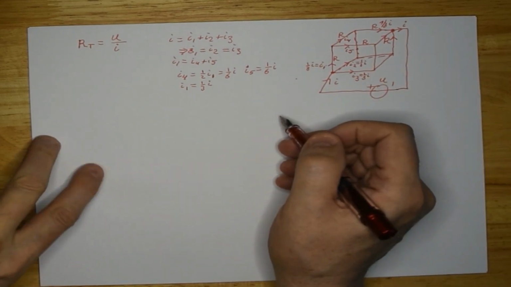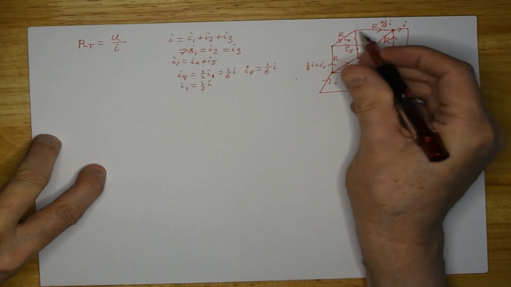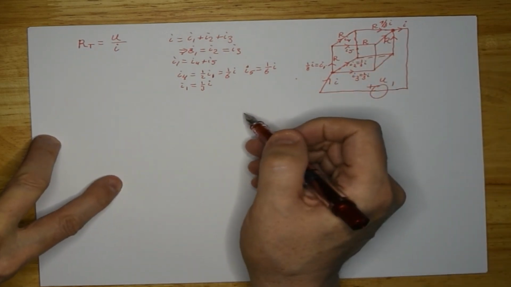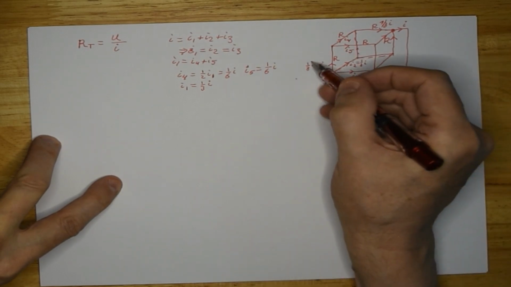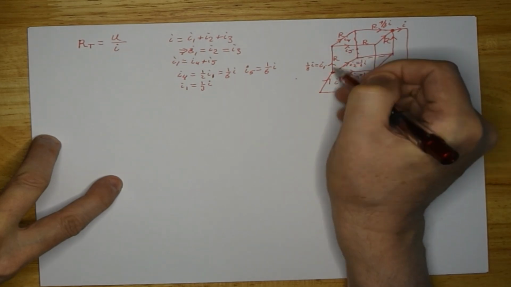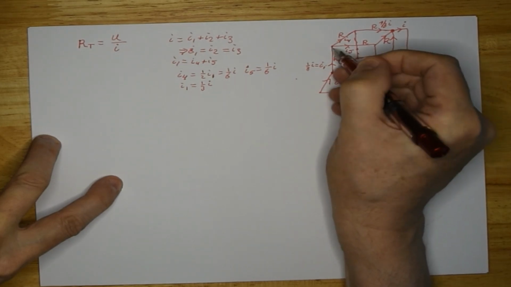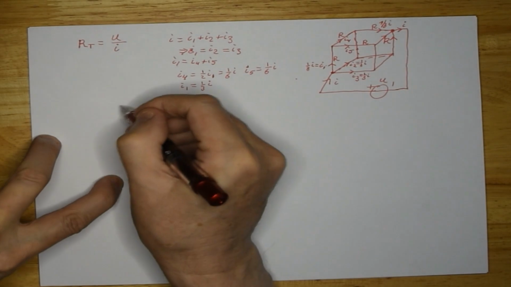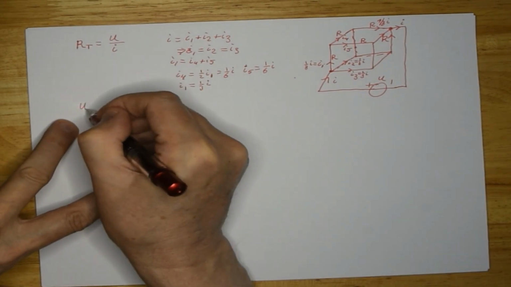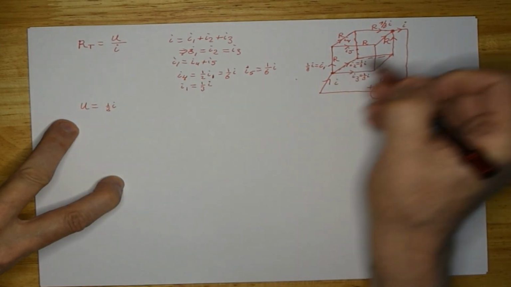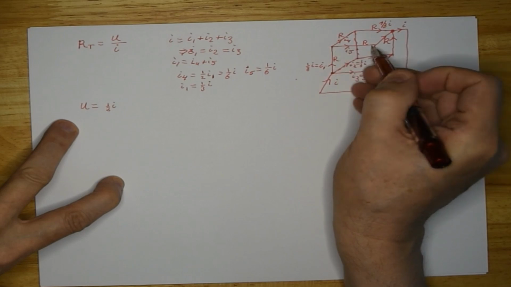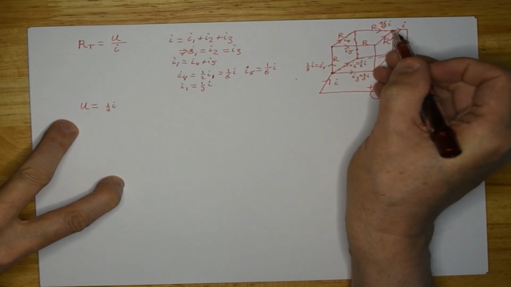So now you can very simply add up all the various voltages, get it to U, and you can calculate your resistance. So let's do that. So you have a third I running here times R. So the voltage drop on this resistance with these two terminals here equals a third I R. So the total voltage between this point and this point is made up of this voltage plus this voltage plus this voltage, right?